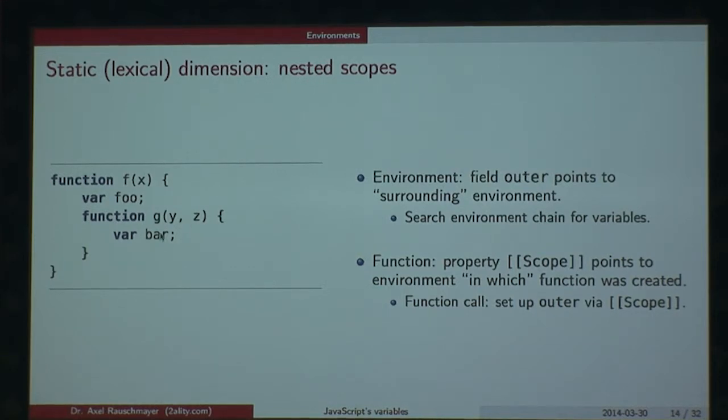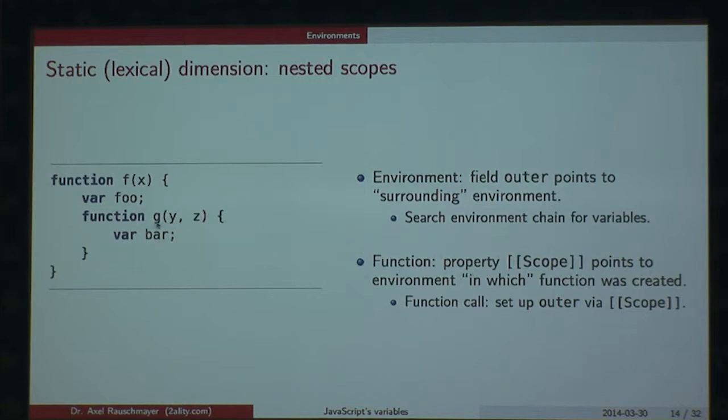When you call G eventually, the environment of G will have a field outer, and that will point to the environment of F. If you are in G and you want to find the value of X, you first look in the environment of G, then you continue to the outer environment and search there, and then you find the value for X. That is how nested scopes work.